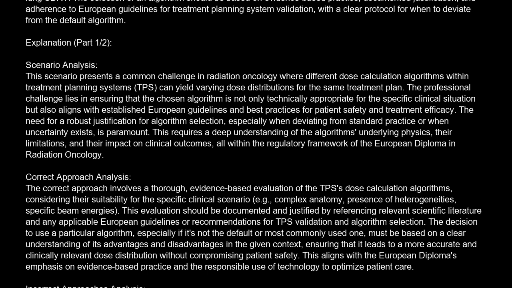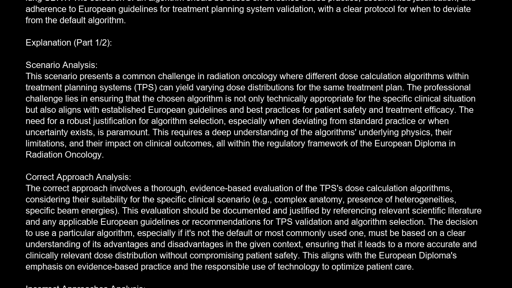The need for a robust justification for algorithm selection, especially when deviating from standard practice or when uncertainty exists, is paramount. This requires a deep understanding of the algorithm's underlying physics, their limitations, and their impact on clinical outcomes, all within the regulatory framework of the European Diploma in Radiation Oncology.